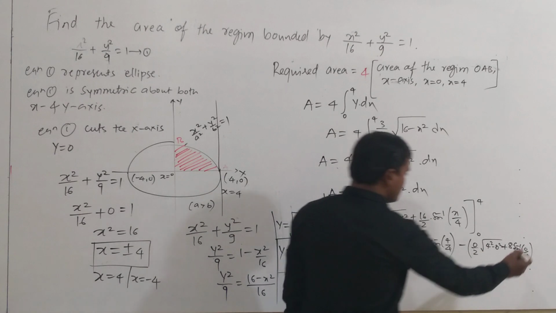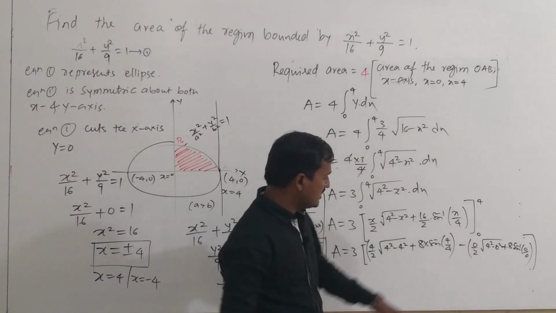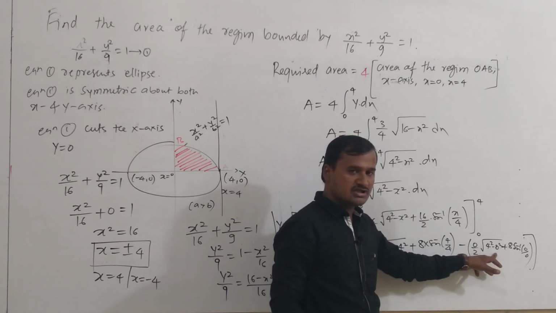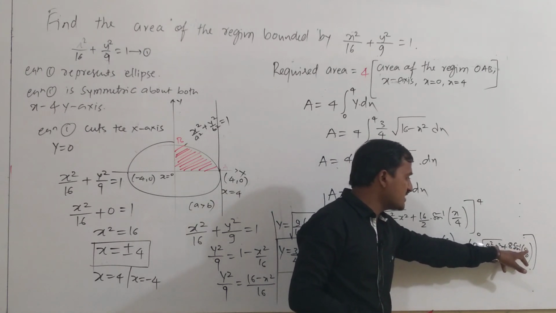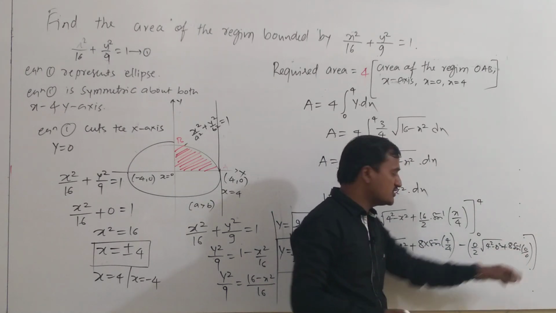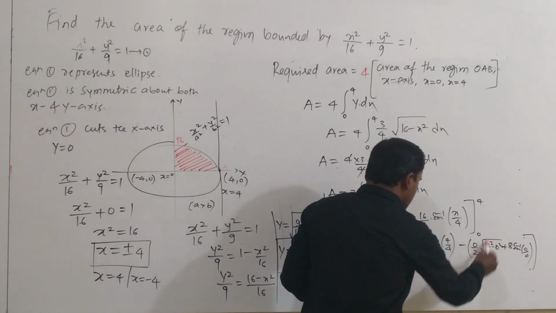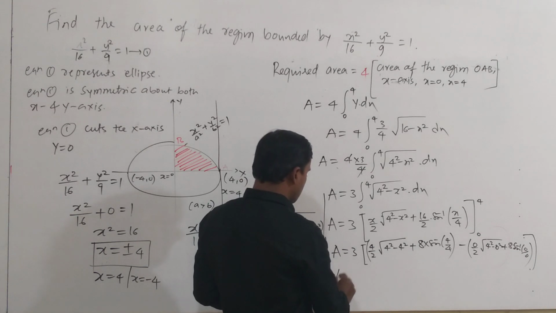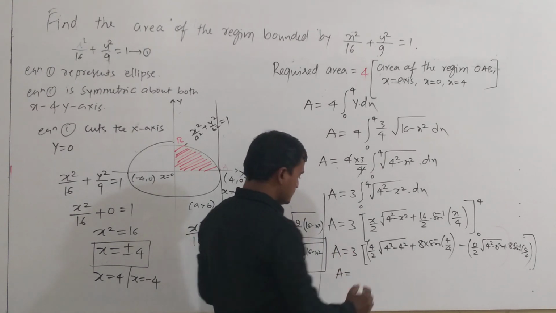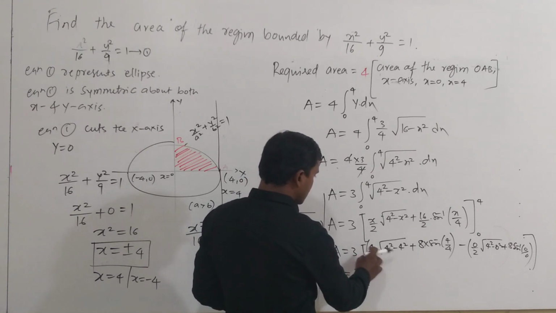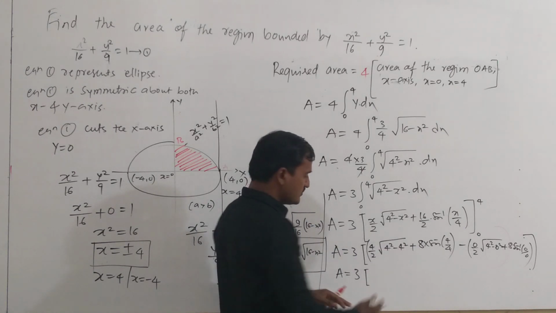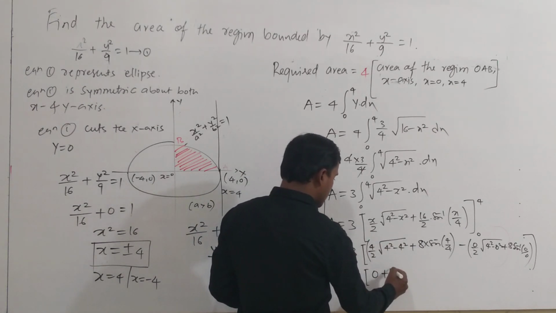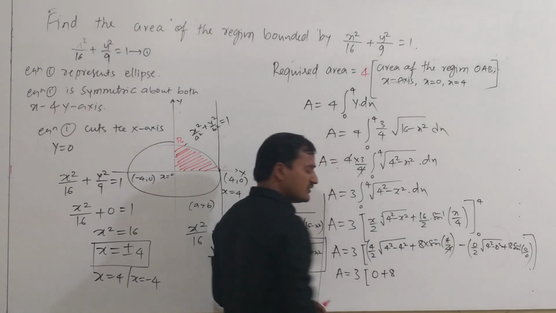Clearly 0 by 2 means 0 into this term becomes 0, and here it is sin inverse of 0. What is the value of sin 0? 0. So clearly this term becomes 0. Now here we got 3 into 4 square minus 4 square, which means 0 into this term 0, plus 8 into sin inverse of 1.